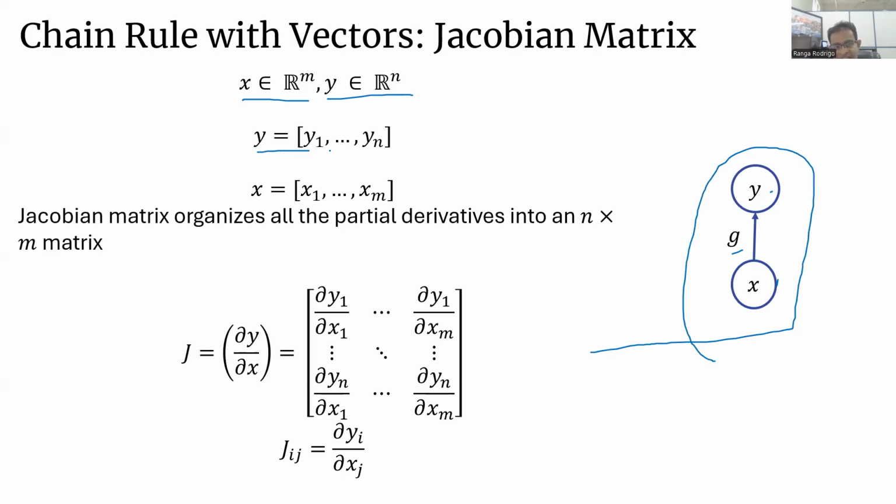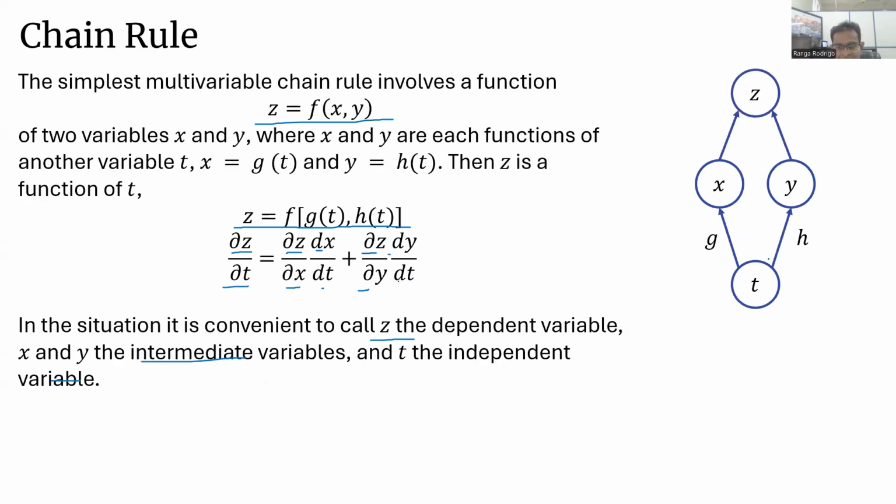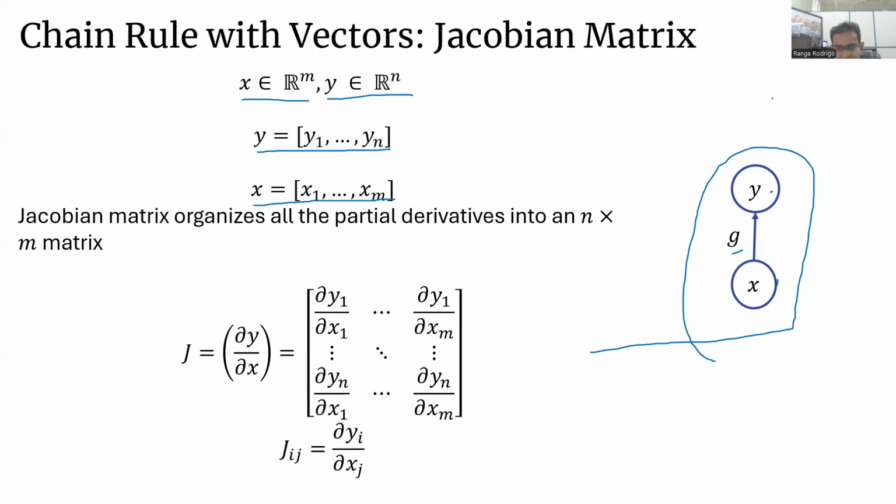That means y is y1 to yn, x is x1 to xm. From the previous one, you know that when something changes in x, something changes in z. When something changes in y, something changes in z. So in here also, whenever one of these variables changes, they affect each one of them. Those are the quantities you can see.